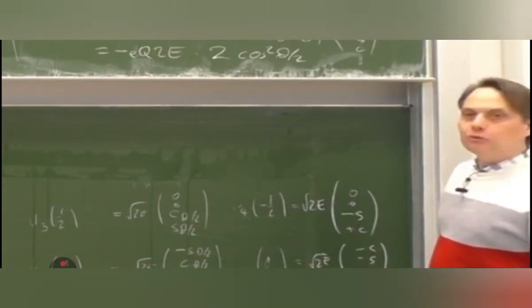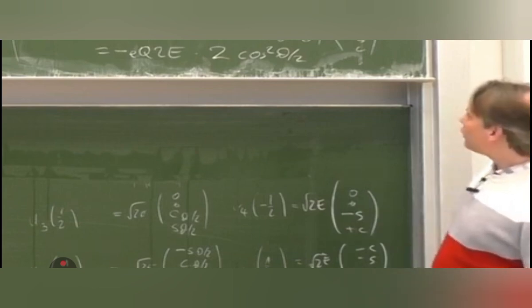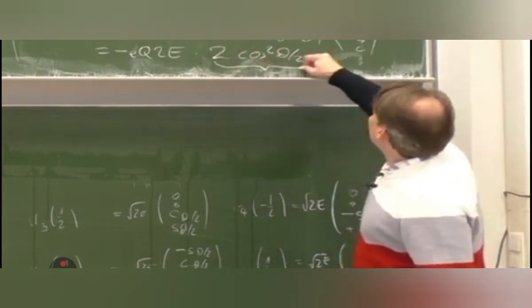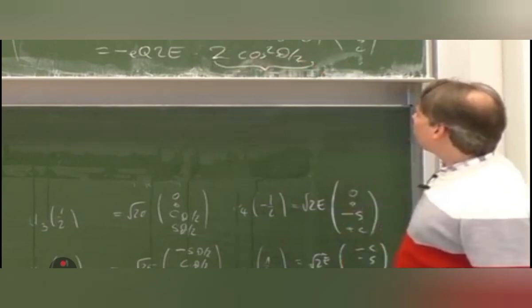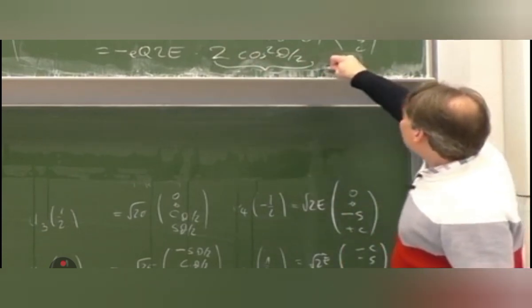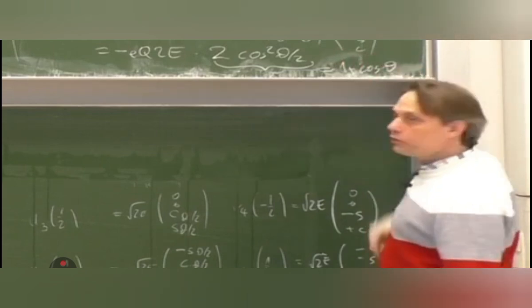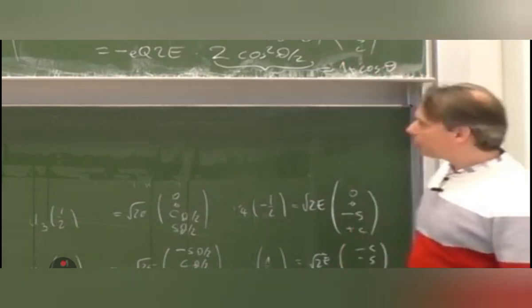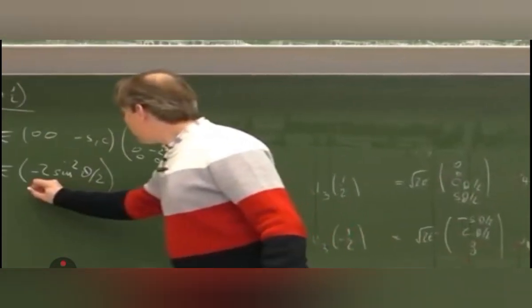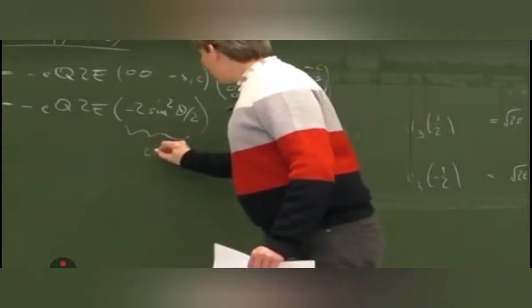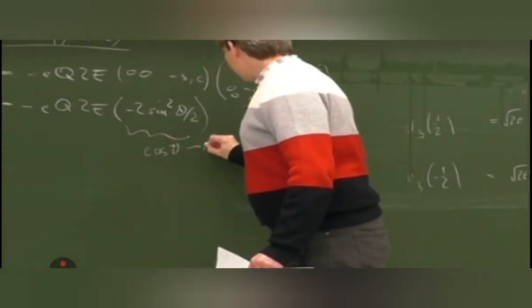So that is our angular dependence. What is actually cosine square theta over 2? That is the same as 1 plus cosine theta, with a factor 1 over 2. And this here is the same as the opposite, namely cosine theta minus 1.